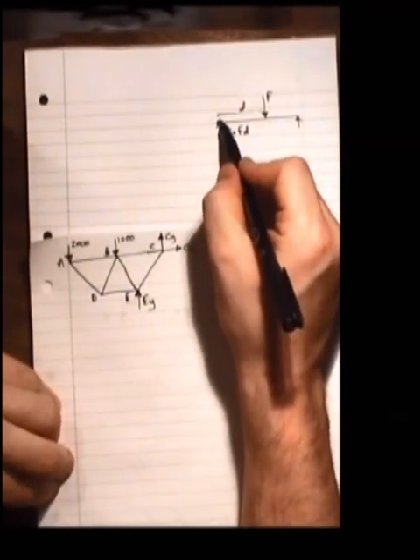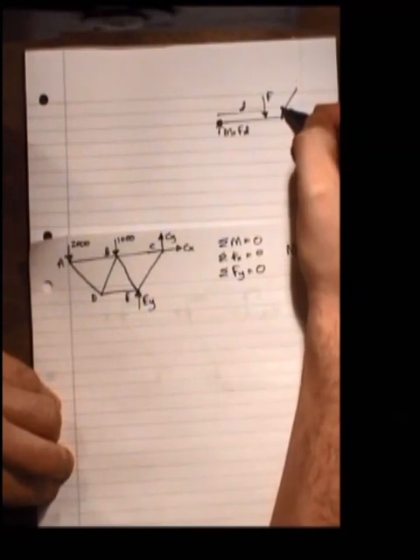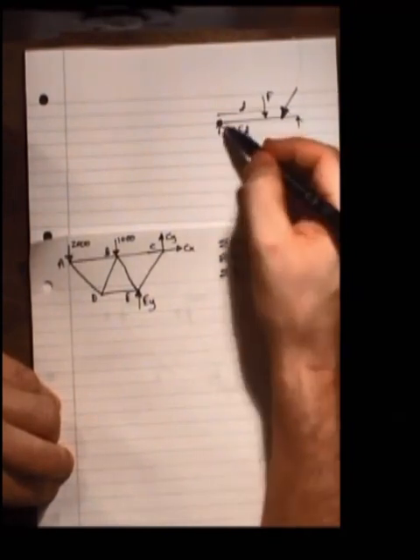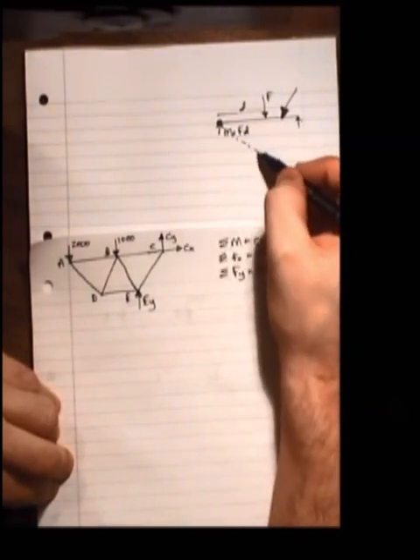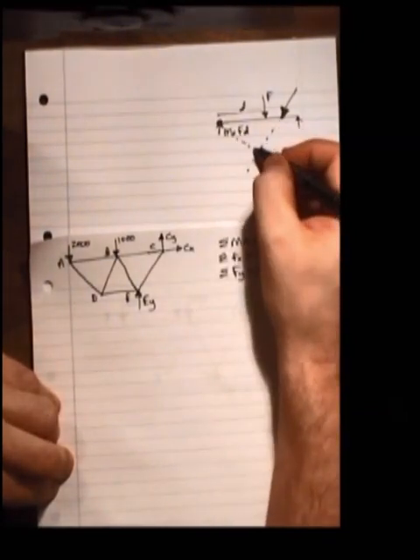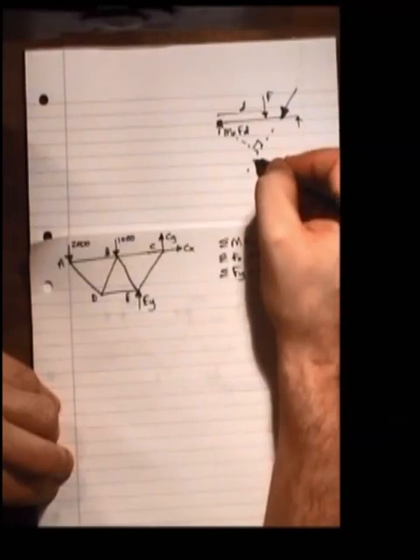So if you're taking moments about this point, if there was a force being applied here at an angle, whenever you're taking moments about a particular point, you've got to take the perpendicular distance to that force.